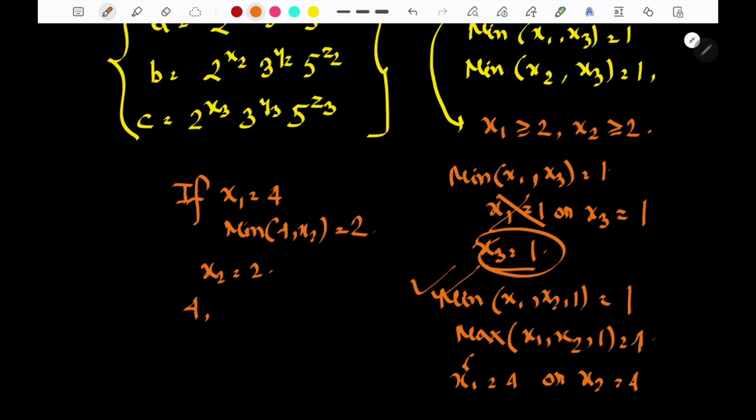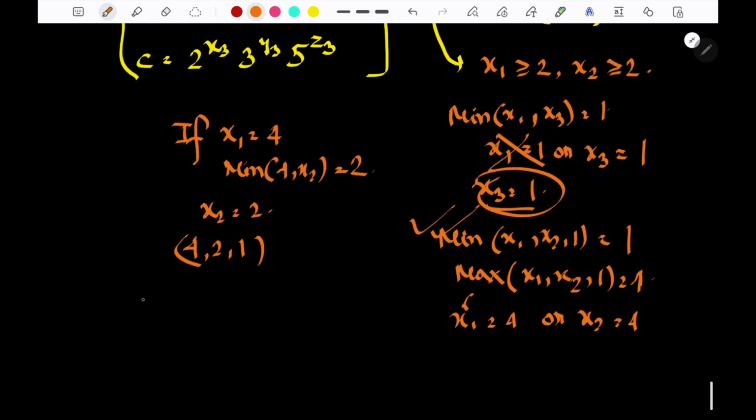So therefore one of the triplet can be 4 2 1. Why? x1 is 4, x2 is 2 and x3 is 1. Second, if x2 is equal to 4, x3 is 1, then minimum of x1 comma 4 is 2. So therefore x1 will be 2 here. So this is 2 4 1.